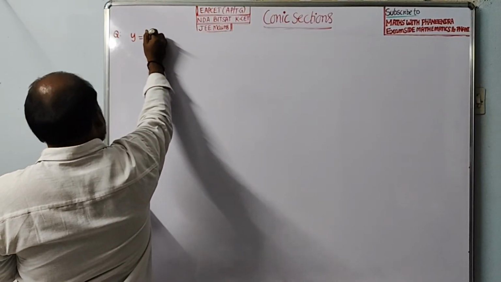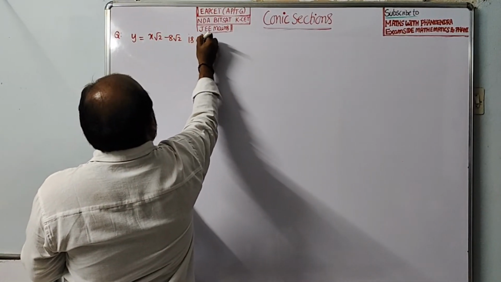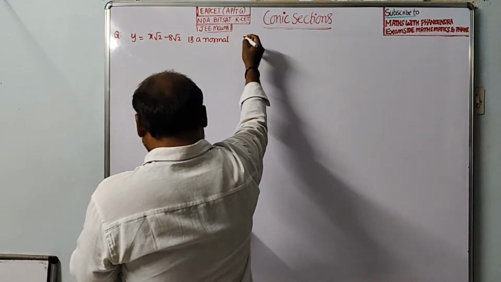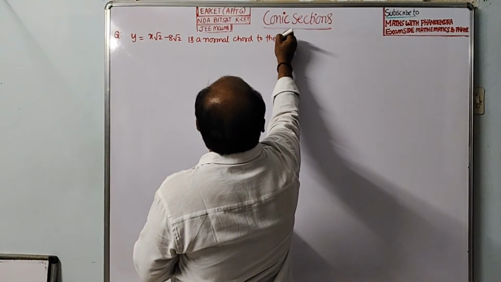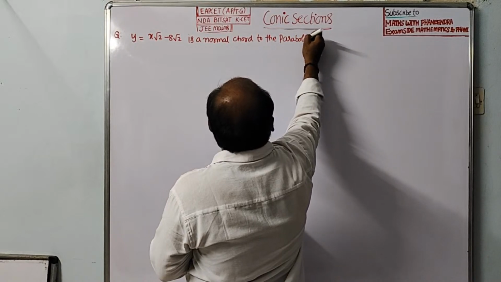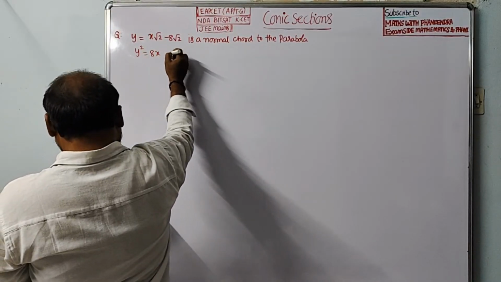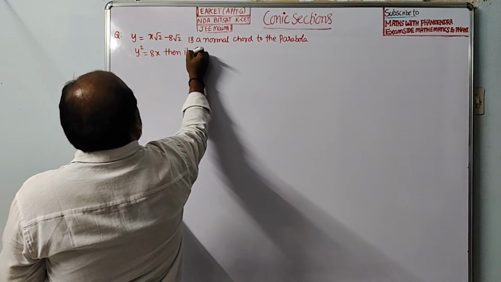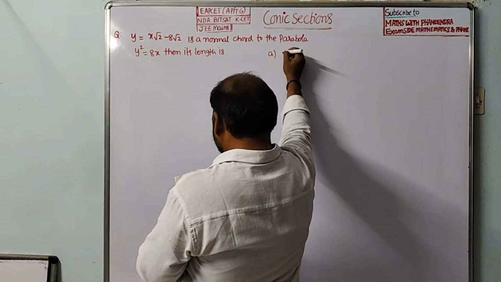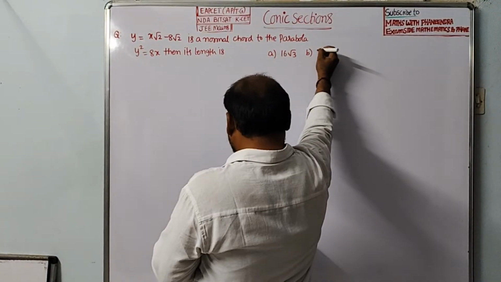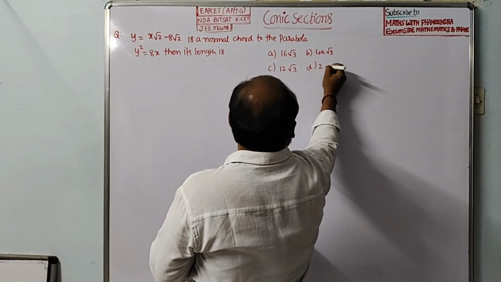Y is equal to x root 2 minus 8 root 2 is a normal chord to the parabola y square is equal to 8x, then its length is: options 16 root 3, 4a root 3, 12 root 3, 2a root 3.